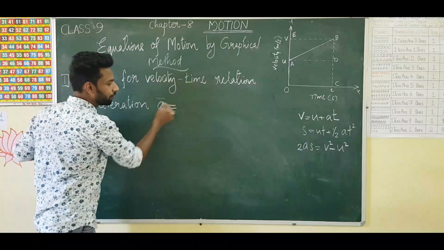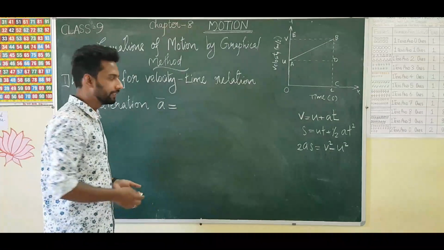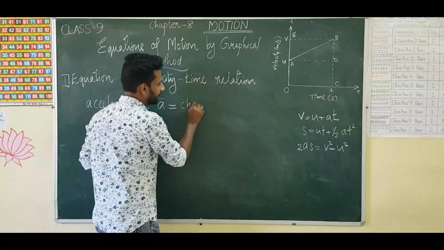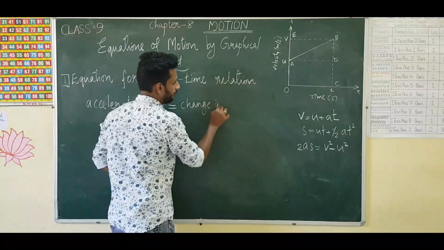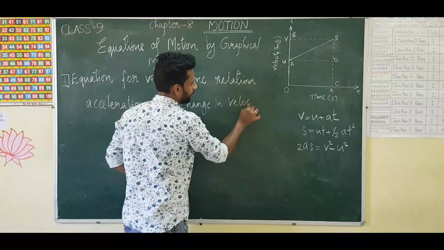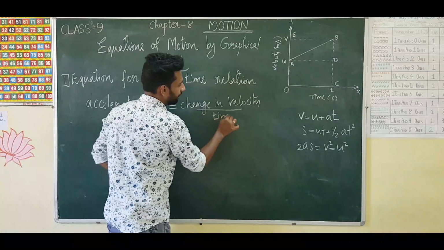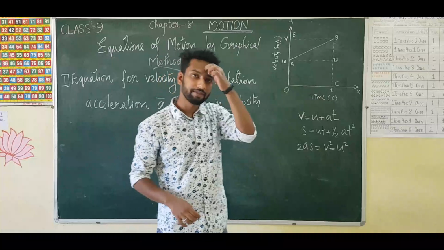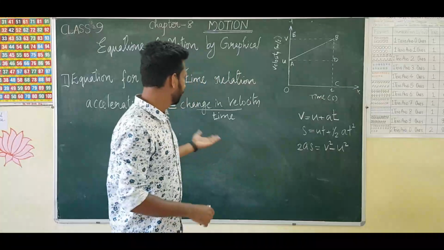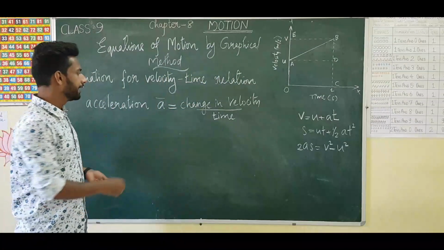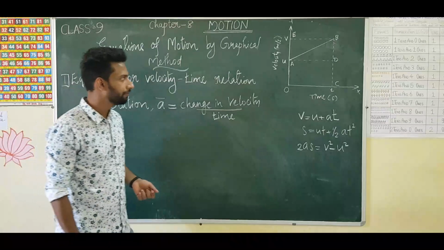What is the equation to find the acceleration? Acceleration is equal to change in velocity by time. When you study the definition of acceleration, you have studied the equation. Acceleration a equal to change in velocity divided by time.